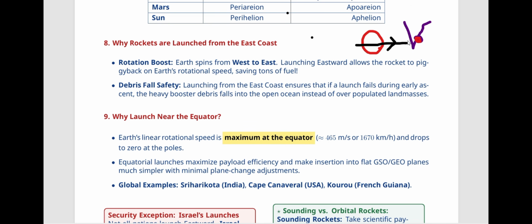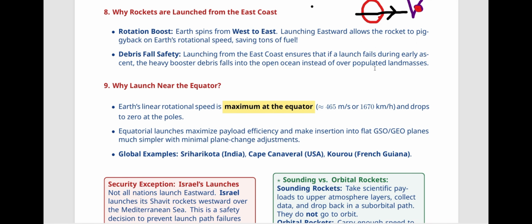If we launch the satellite from the west and the mission fails, the space debris of our launch vehicle will fall on populated landmass. That's why we always try to launch from the east, but not all satellites are launched from the east side only.